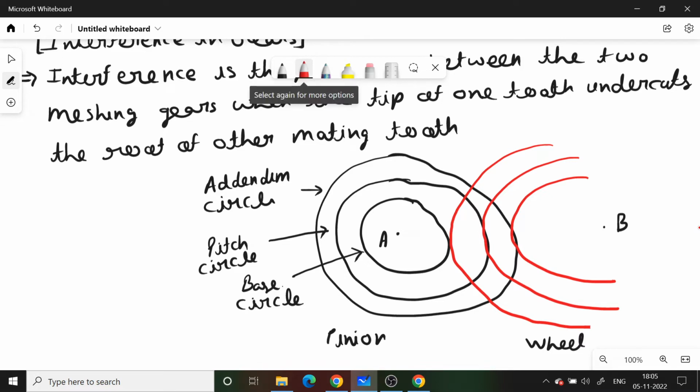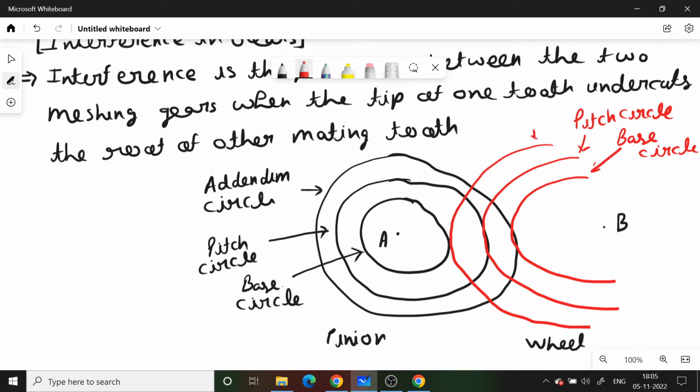Similarly, this is the base circle of the wheel. This is the pitch circle of the wheel, and this one is the addendum circle of the wheel. MN is the common tangent to the base circles.